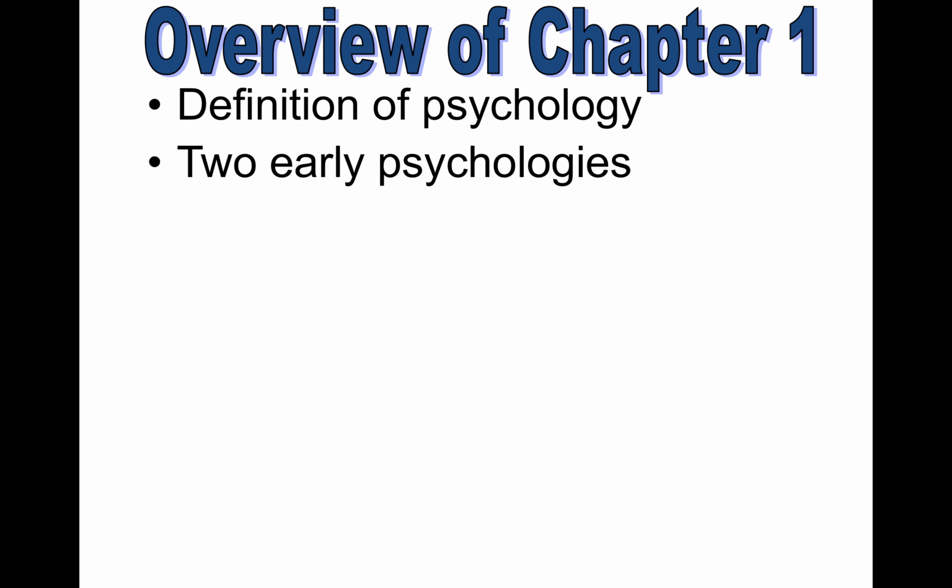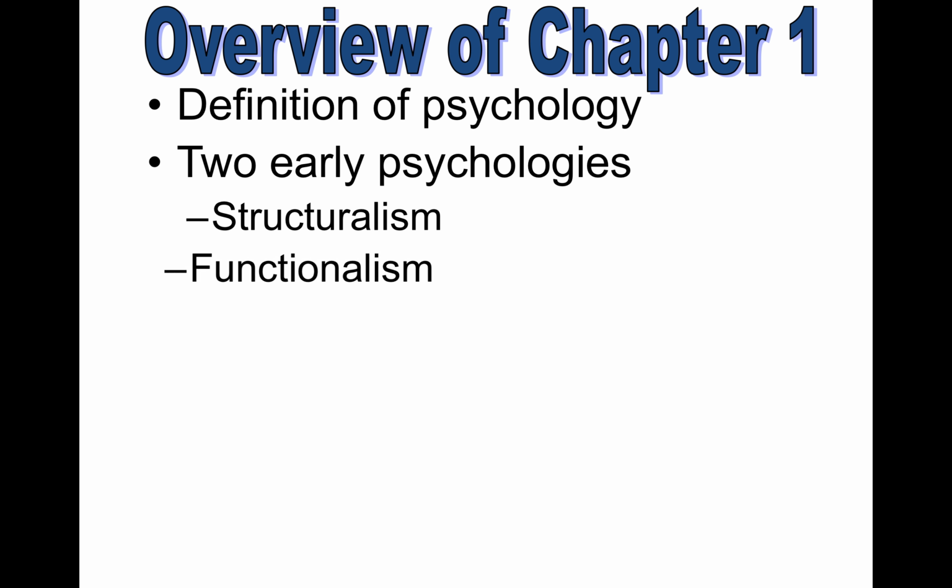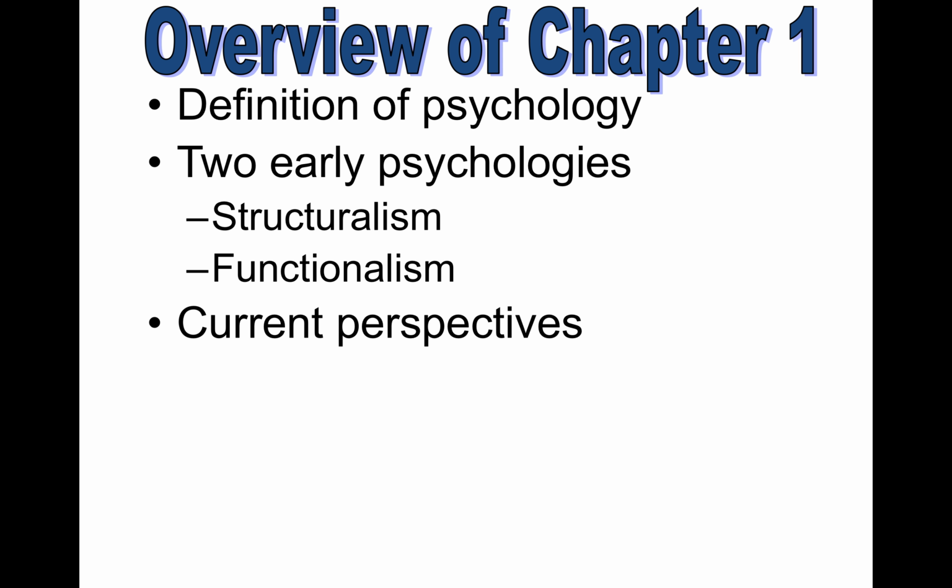Then we'll talk about two early psychologies or two early philosophies of human behavior, one of which is structuralism and the second is functionalism. You can still see remnants of both of these early views in modern day psychology, but they're interesting mostly from a historical perspective.